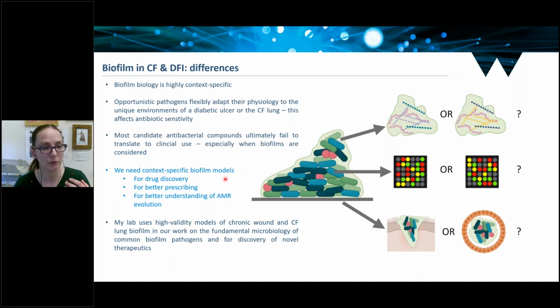So perhaps if we can make more context-specific biofilm models, models that better reflect the environment in a specific infection site, perhaps that will let us find better methods of drug delivery, facilitate drug discovery for drugs that will work in that environment, and help us better understand how antibiotic resistance evolves in those different environments. So my lab uses high validity models of these two infections in our work to try and better understand the fundamental microbiology of common biofilm pathogens and to help us discover novel therapeutics.